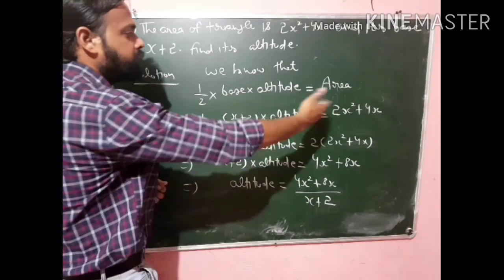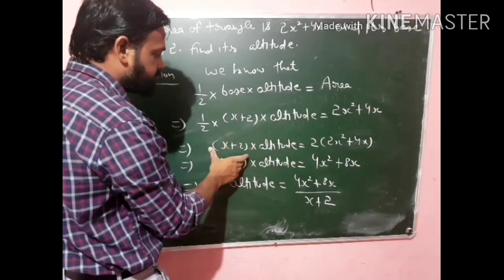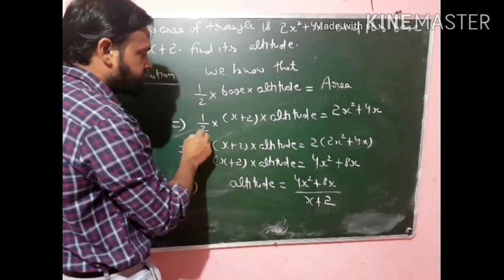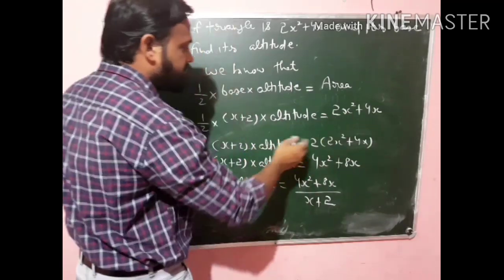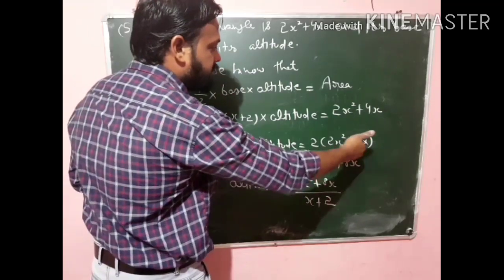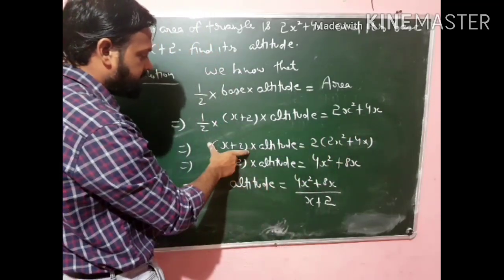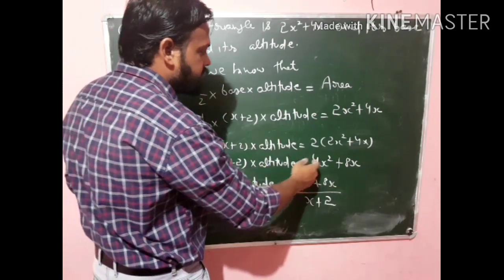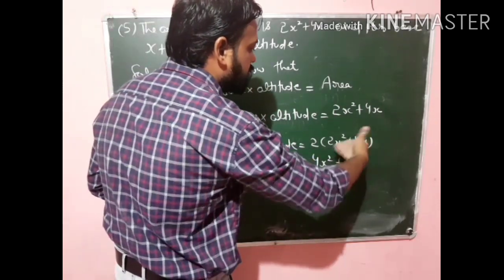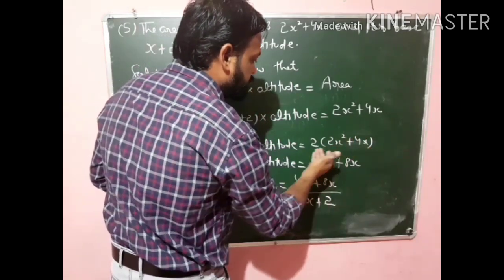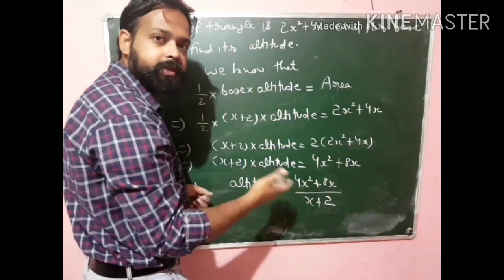So x plus 2 remains as it is, multiplied by the altitude, and this 2 will be multiplied with the whole term as I explained. So 2 multiplied with each term in this bracket: 2 into 2x square is 4x square, plus 2 into 4x is 8x. I hope this is clear to you.